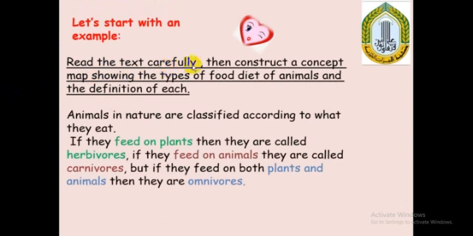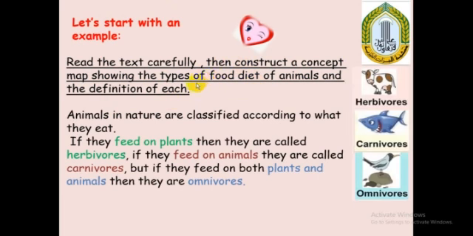We have to read the text carefully, then read with me the question carefully too. Construct a concept map showing the types of food diet of animals and the definition of each. Just like what we did in the table, we have to look for the main idea in the question. What are we going to talk about? It's the food diet.